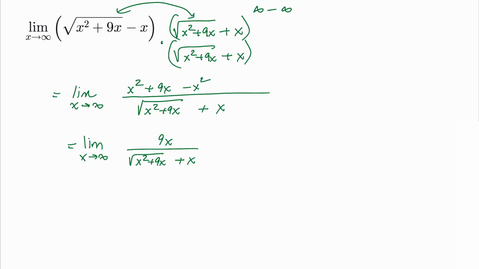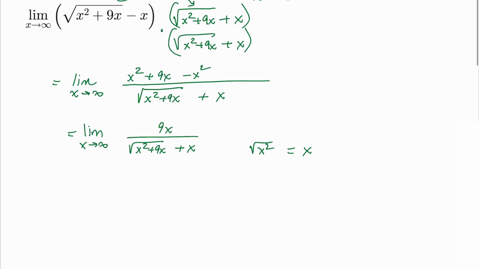Now you might remember before in an earlier challenge that we evaluated a limit just like this, where the process is we divide by the highest power of x in the denominator. Now, what that means is I'm going to divide by square root of x squared, which remember is x, and it just so happens that they're the same power in the denominator.